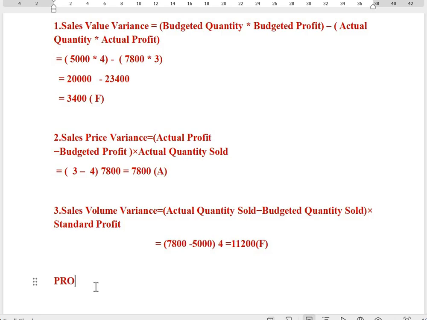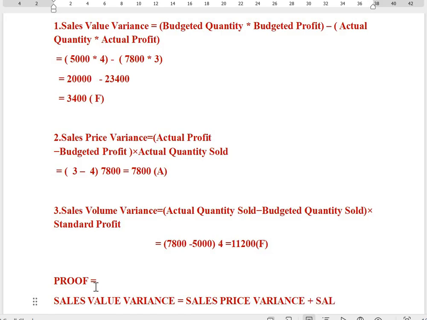That is the proof you can find like this: sales value variance equal to sales price variance plus sales volume variance.